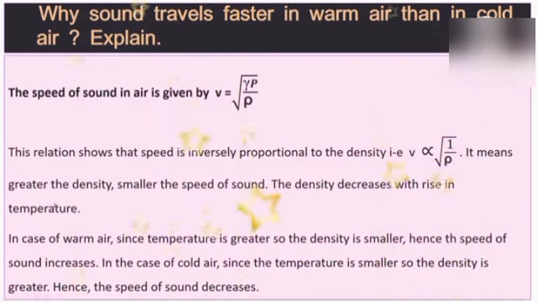It means the greater the density, the smaller the speed of sound. The density decreases with rise in temperature. In the case of warm air, since the temperature is greater, the density is smaller. Hence, the speed of sound increases. In the case of cold air, since the temperature is smaller, the density is greater. Hence, the speed of sound decreases.